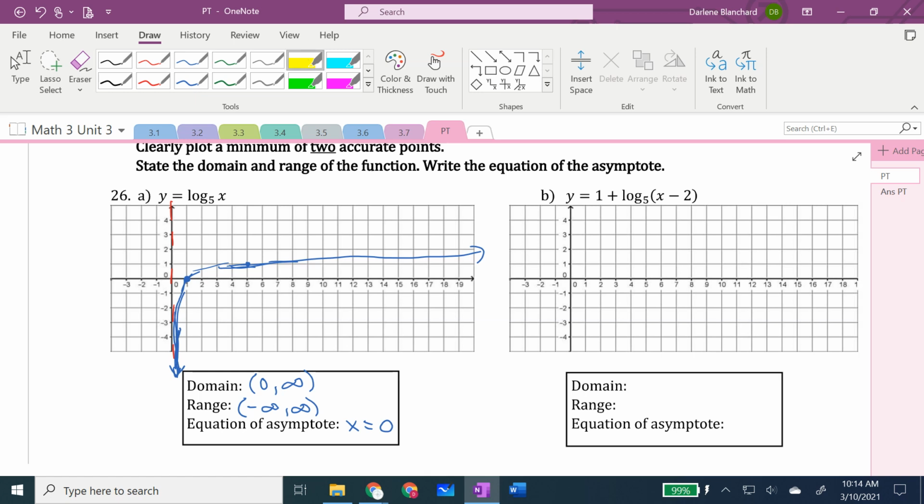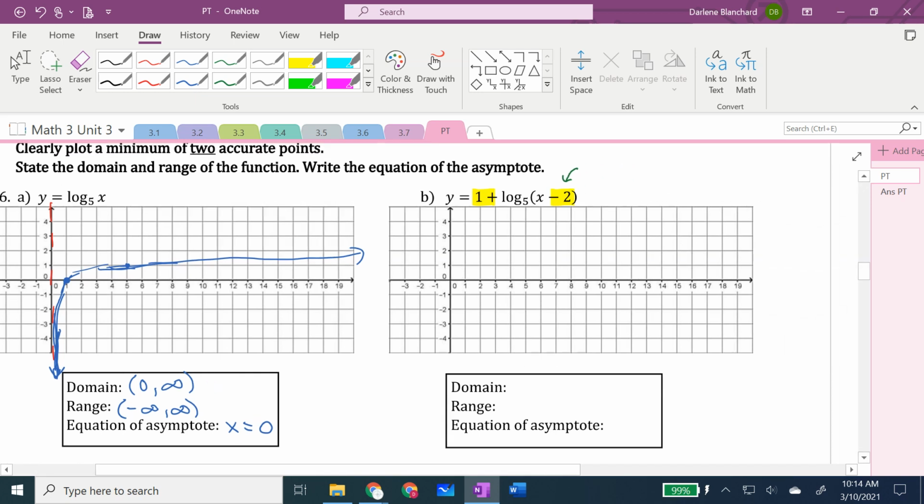For B, I'm having the parent graph translate. When an operation is inside the function to the x, you're going to do the opposite operation to your x's. So instead of subtracting 2, you're actually going to add 2 to the x's, which basically means you're going to translate right 3 units.